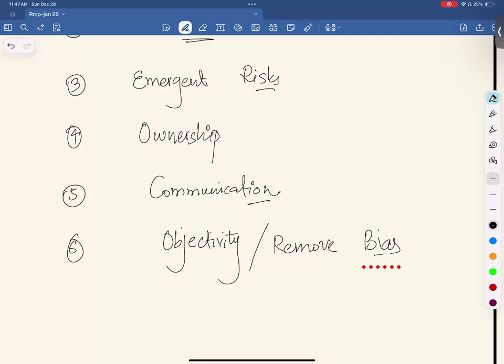So in risk management, when we are identifying risk, we need to bring objectivity into the system so that if risk impact is low, it should be low for everybody. We should all be on the same page, seeing that thing from the same angle, the same perspective.